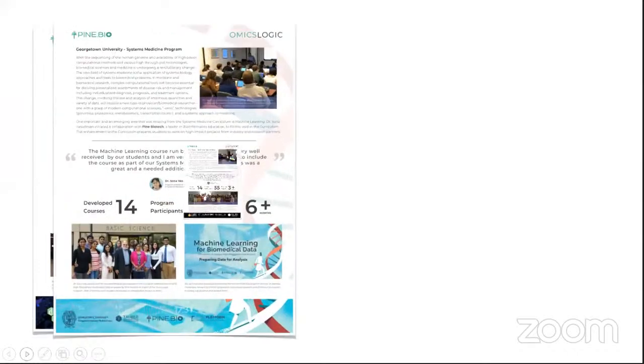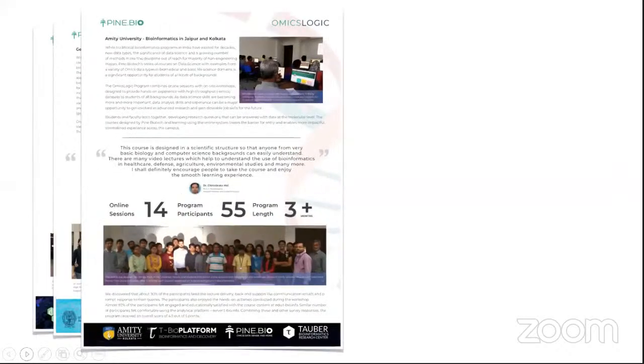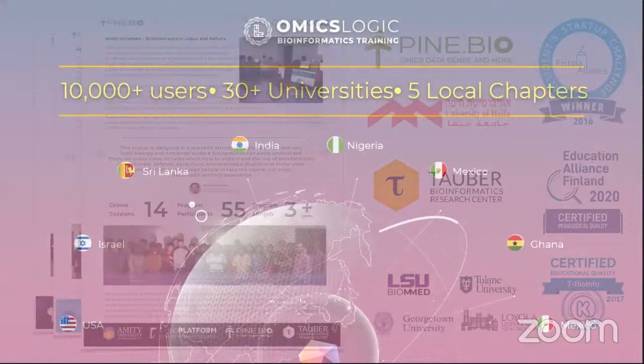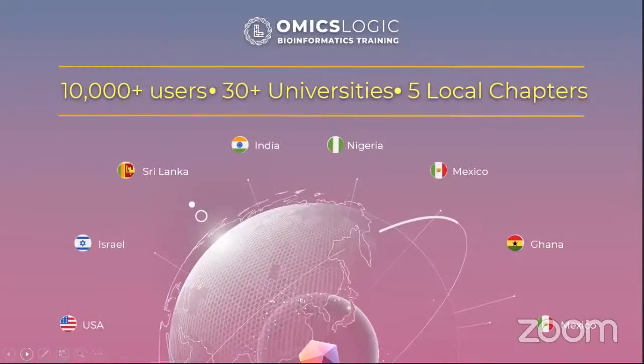So before we start with the talk, I would want to introduce us. We are a US-based bioinformatics company working with multiple academic and commercial collaborators to develop easy-to-use analytical tools, and our mission is to make bioinformatics more accessible. Omics Logic is an international program that is running in 5 different regions with over 10,000 users around the world.